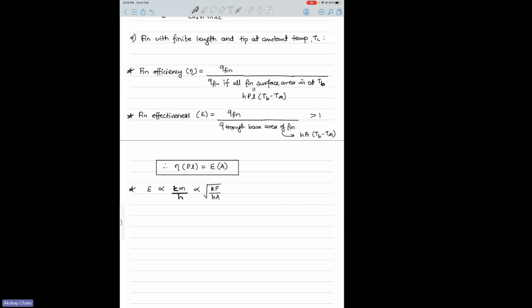And from here you can draw important conclusions: effectiveness is higher for low heat transfer coefficient. Therefore, you always put fins where the heat transfer coefficient is low. In an interview, the question was asked, what if I put the fins on the side where the heat transfer coefficient is higher?